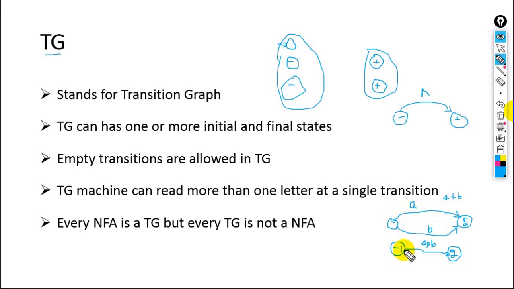But here we can have more than one letter over a single transition. It may be 2, 3, 4, 5 and so on. So the meaning of this statement is that a TG machine can read more than one letter at a single transition.